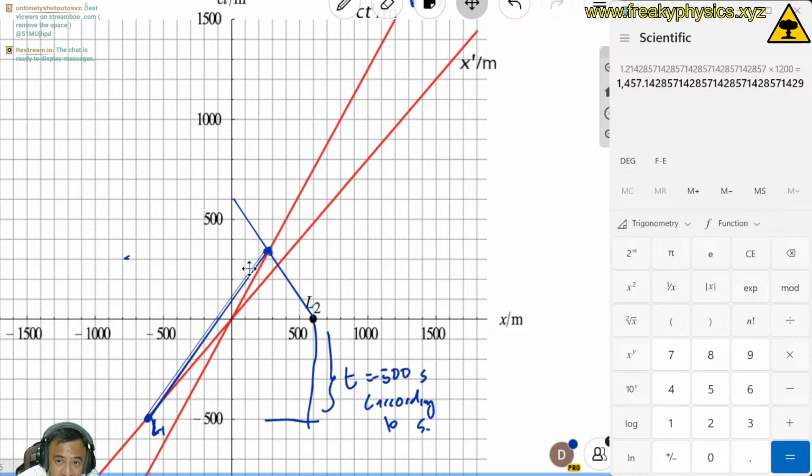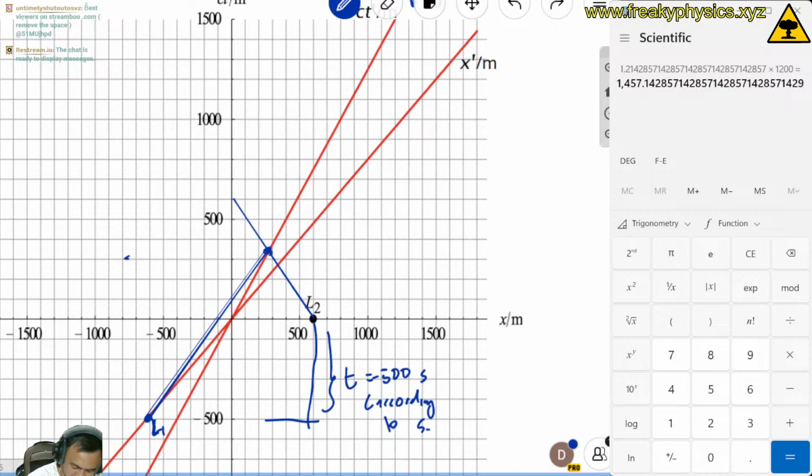You determine v by using the graph and finding the gradient. Yes, we use the gradient. So remember that the gradient is equal to v over c, right? Of both of the lines?